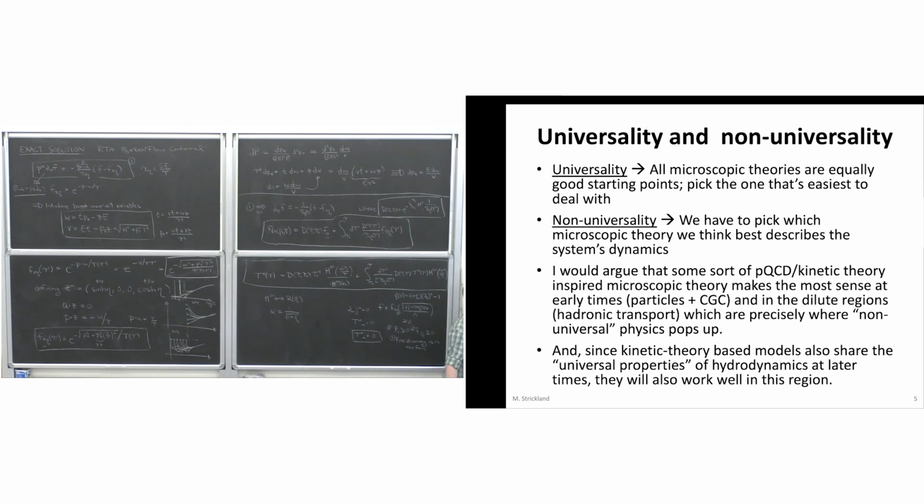And I would argue that at the very earliest times after a heavy ion collision, when the temperatures are the highest and the coupling constant is the weakest, that's when it makes sense to use kinetic theory, of course. It doesn't make sense to have a strongly coupled theory there. But we can debate. In addition, the other place where we saw things going haywire was on the edge of the plasma, where things were dilute, and it's also not strongly coupled there.